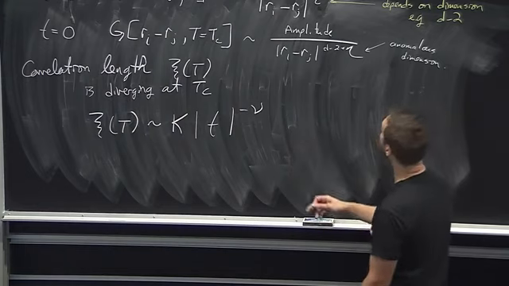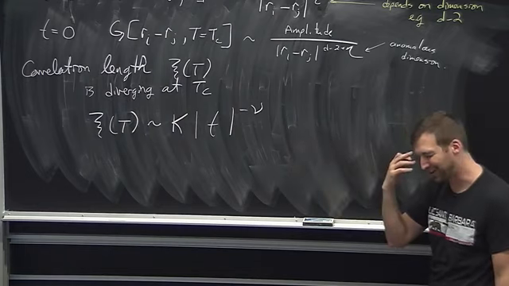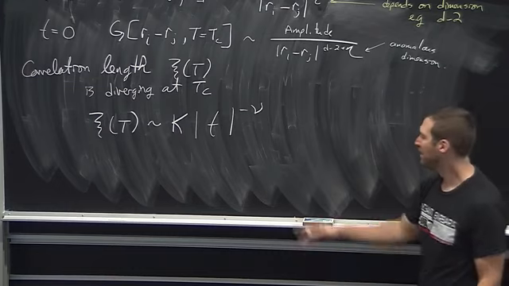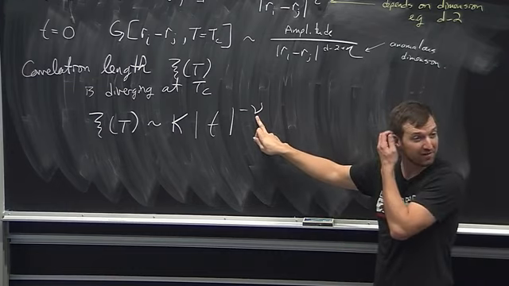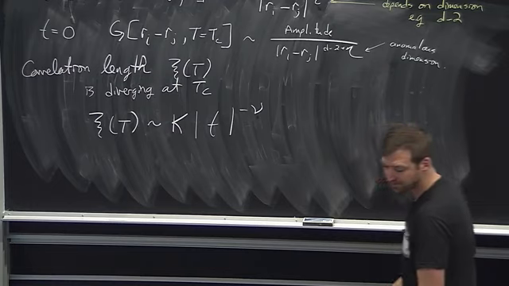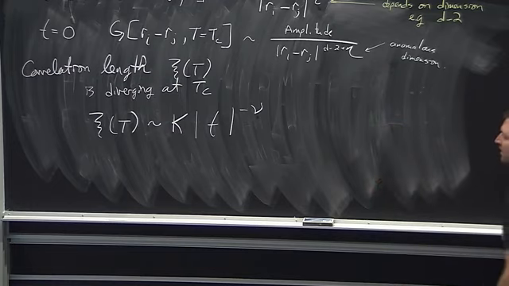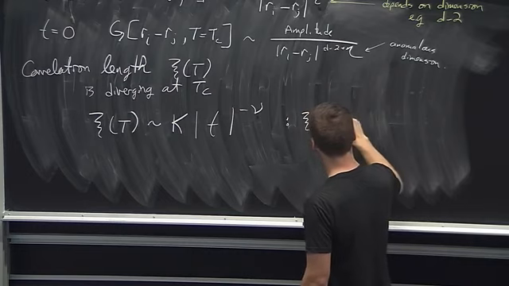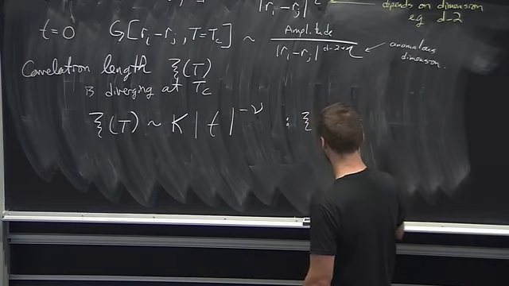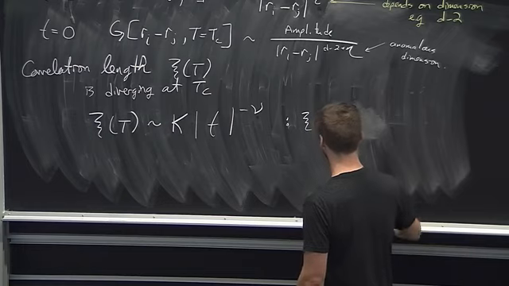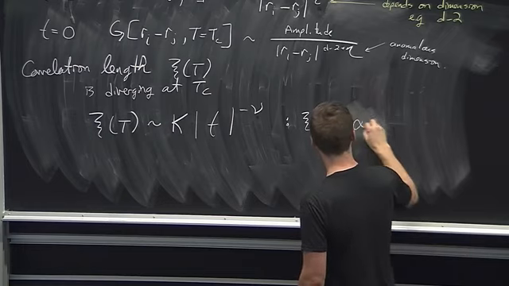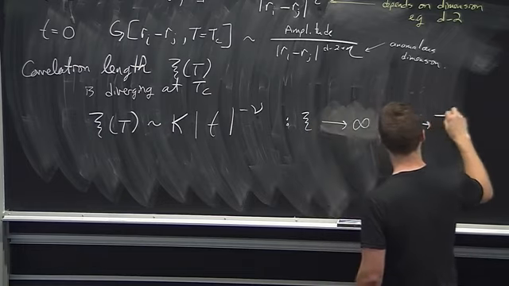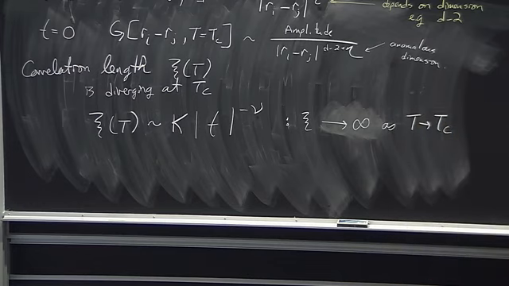So this definition of the correlation length isn't an exponent, it's a length scale. And this is the exponent associated with it, which is called nu. Okay, so importantly, as the reduced temperature goes to 0, this correlation length diverges.